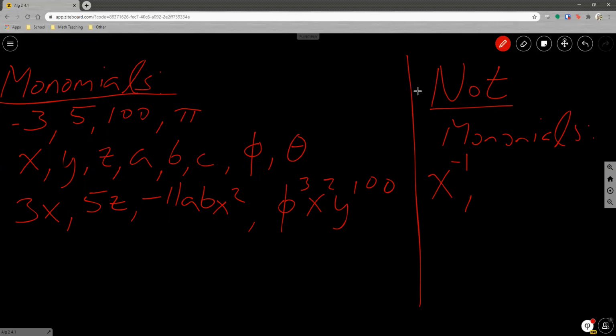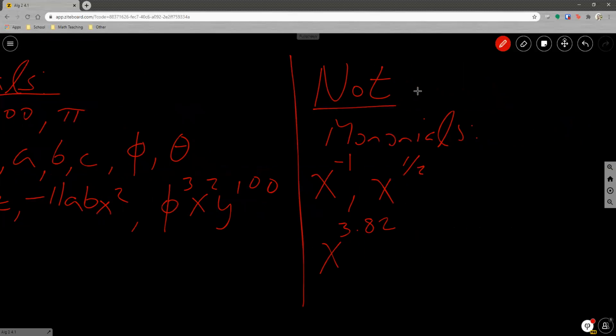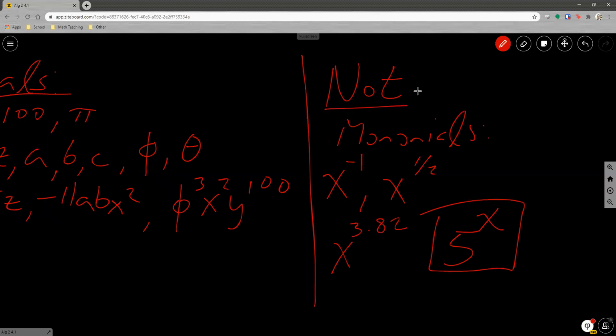So x to the -1, x to the negative anything really, x to the 1/2 power or x to any fraction, x to the 3.82 power, decimals, definitely not a monomial. And of course, then you've got things like 5 to the x power as well. This is not a monomial. This is actually what's called an exponential. We'll talk about that in Chapter 6 when we talk about logarithms and exponents. So these are examples of things that are not monomials.